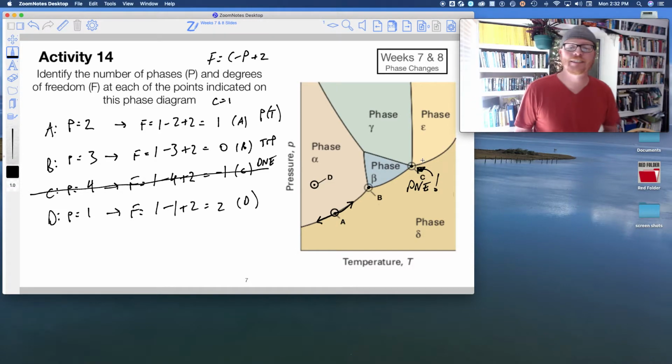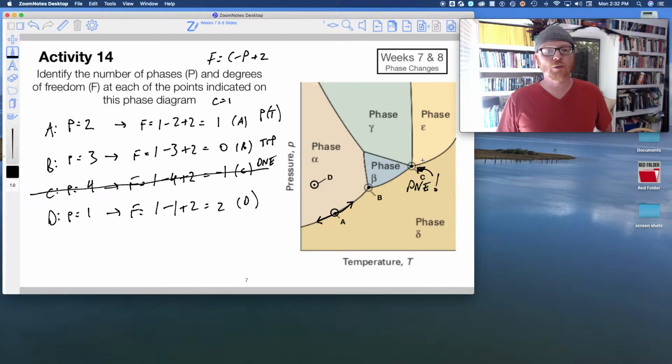And yes, as we will see, as we learn from the Gibbs phase rule, you cannot have 4 phases in equilibrium. Can't do it. We can have 3 phases in equilibrium, but we cannot have 4 phases in equilibrium. It does not work.